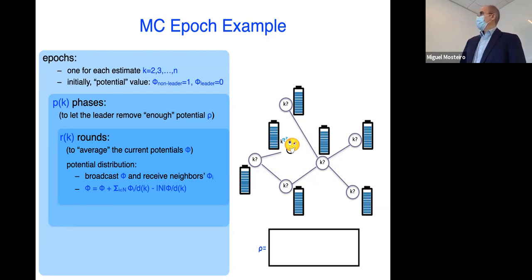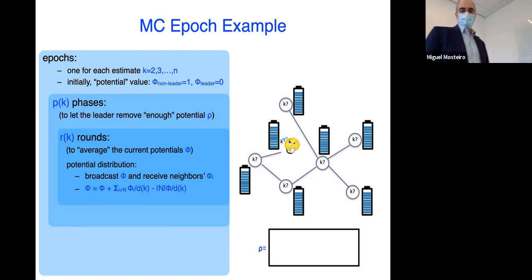All right. So this is what happens at the end of the phase. The potential distribution that I just showed you in that drawing is this. Basically, it's just an equation. I take my potential, I add the potential that I received from neighbors, and subtract the potential that I shared with neighbors by that communication.